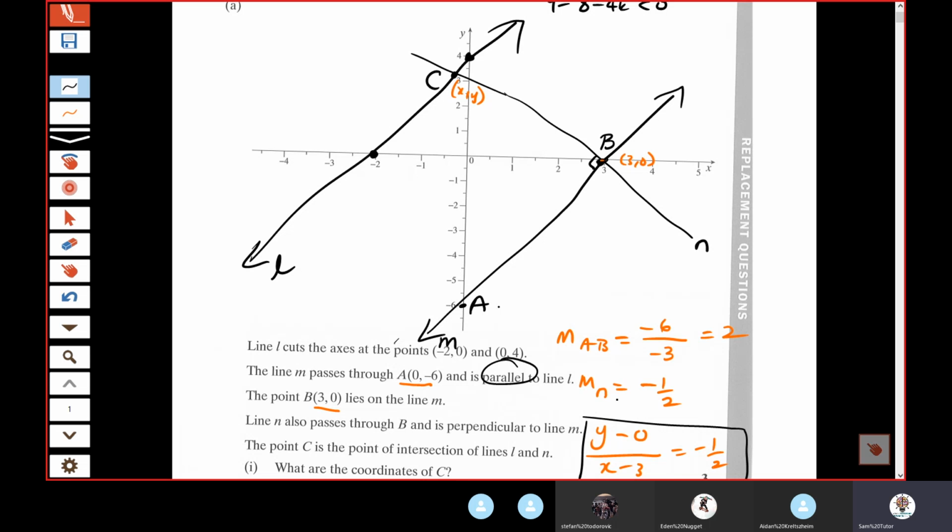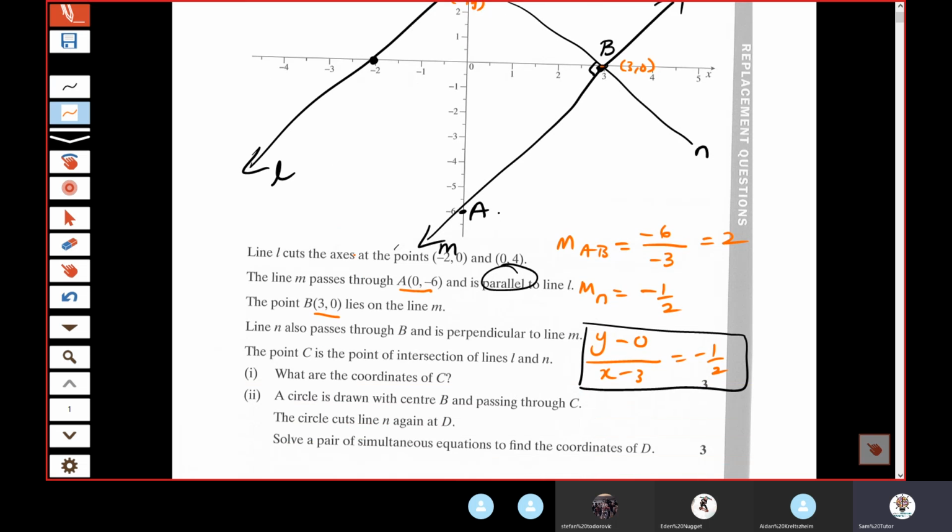Which line? M? No. L. Because C lies on L. Okay, so I'm going to make an equation of L. From that, I can just say X and Y lie on that line, and you will get a second equation. And that's it. So you're very close.